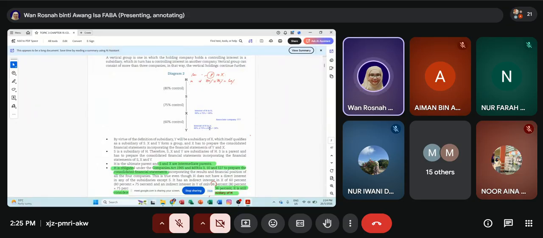Therefore, the investment of H in Y is 36%. Is Y considered as an associate company of H? The answer is no. Y here is still considered as a subsidiary of H.